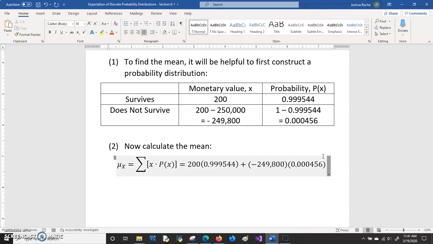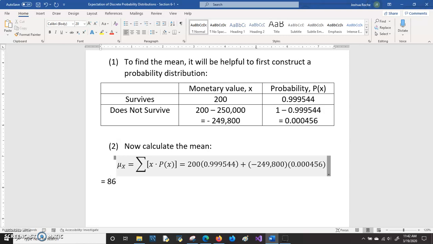And so we'll work that out, and let's see. It comes out to 86.